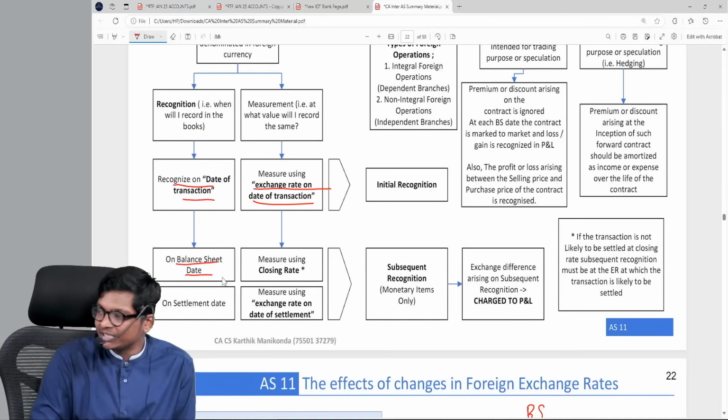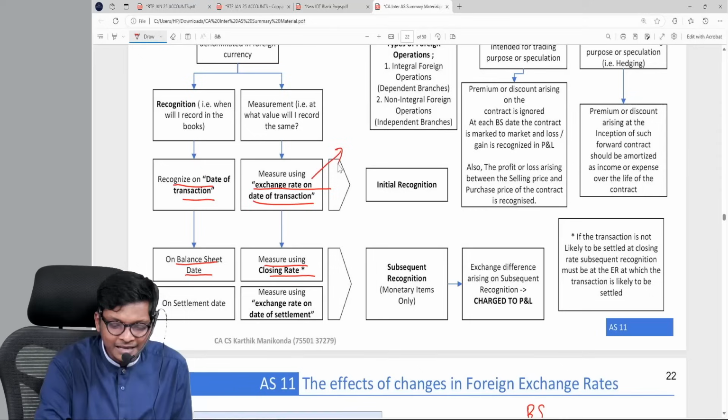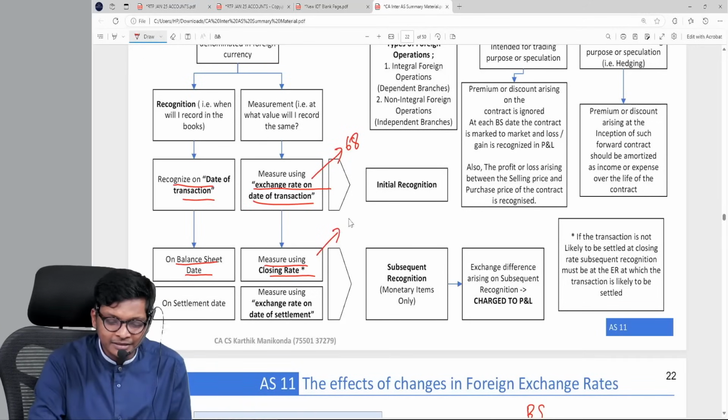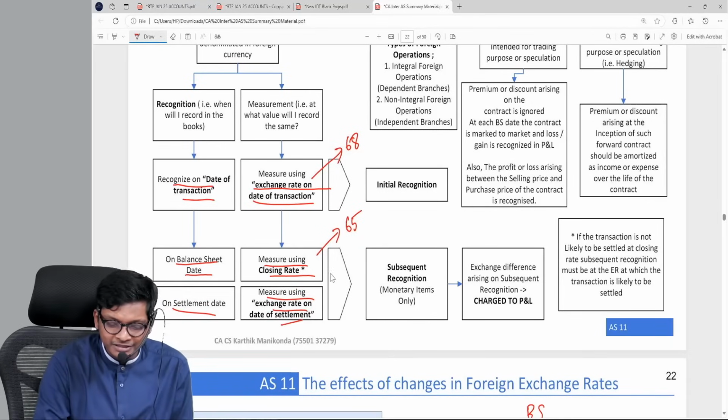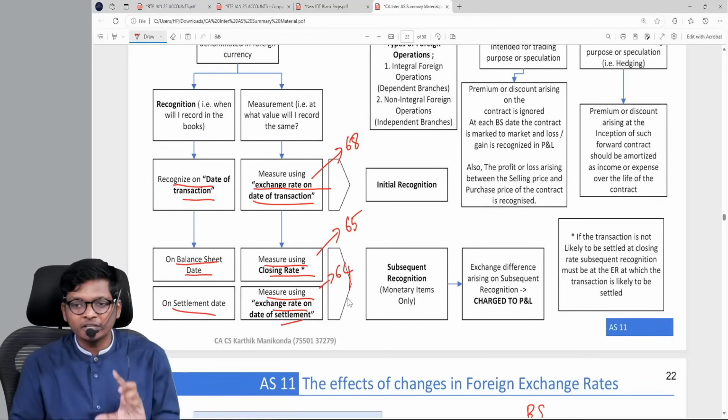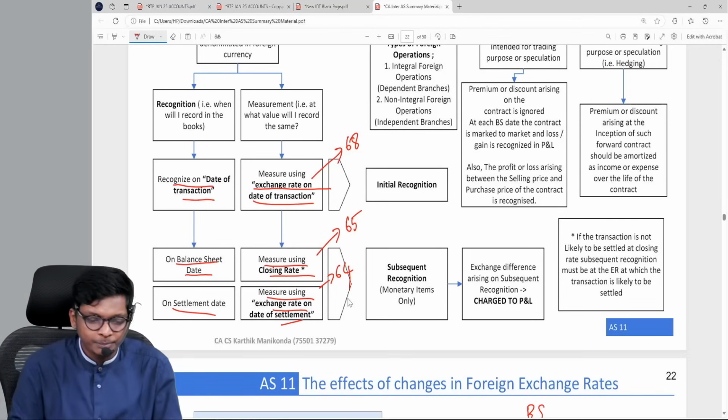On balance sheet date, again you have to measure using the closing rate. So here I will measure using 68 in our transaction. Here I will restate for 65. On settlement date, again measure using 64. Whatever difference or gain you get, take it to your P&L.